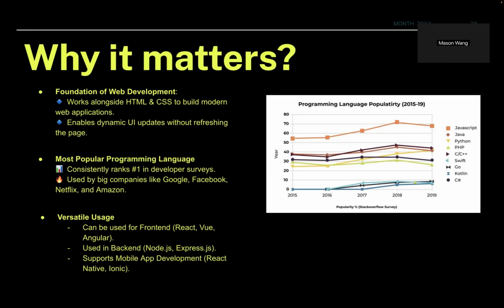It is also used by a lot of top companies like Google, Facebook, and Netflix. As you can see from this screenshot on the right, according to one survey done by Stack Overflow, it is far more popular than all its competitors in a programming language popularity survey.